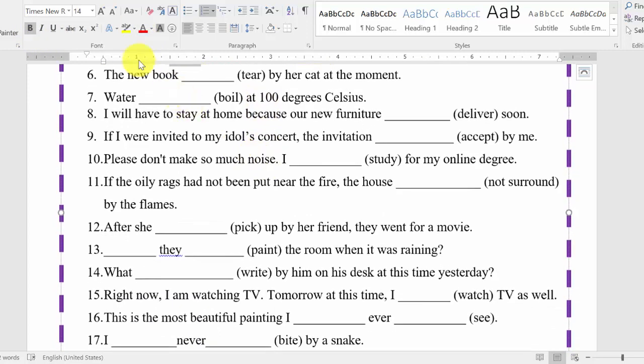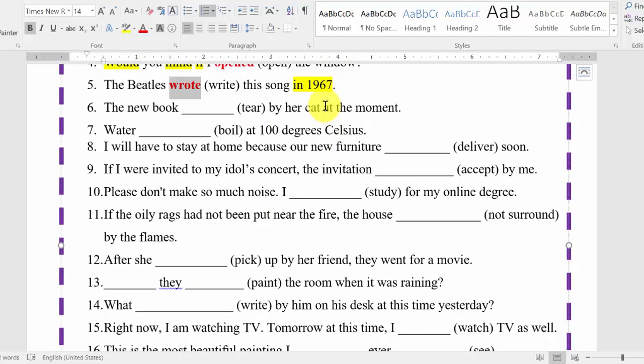Next one, number 6, the new book, what, by the cat, at the moment. Your keyword, at the moment. At the moment is a keyword for present continuous tense, at this moment, now. Present continuous tense, and you have by, which shows that it should be passive form. Your format should be is, am, are, being, and PP.